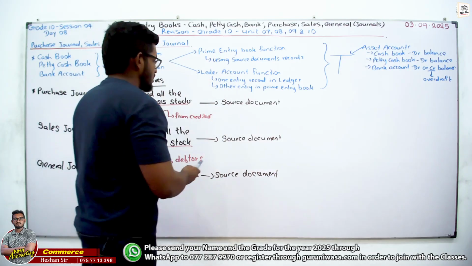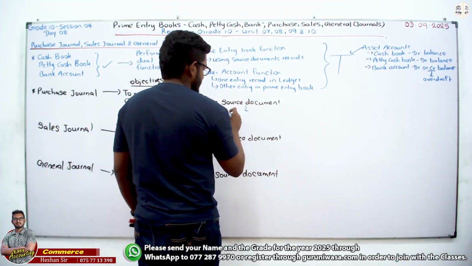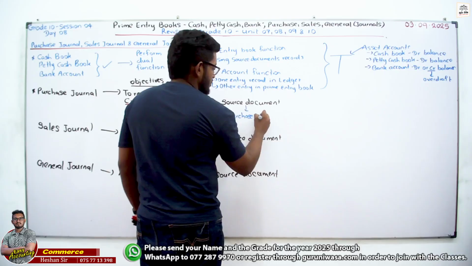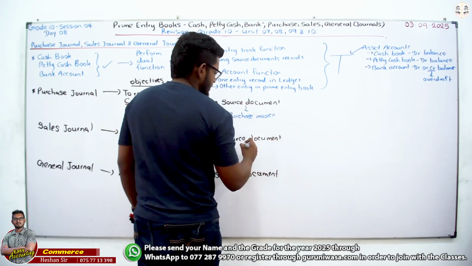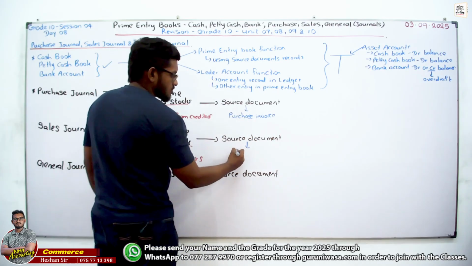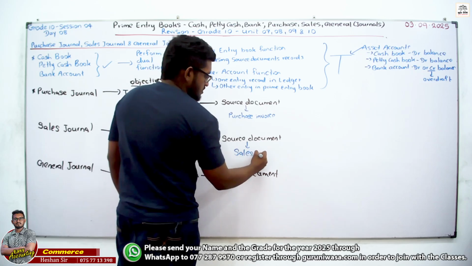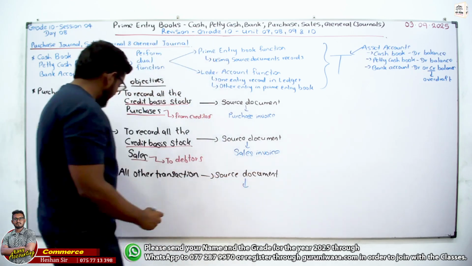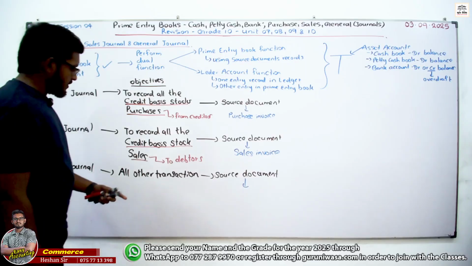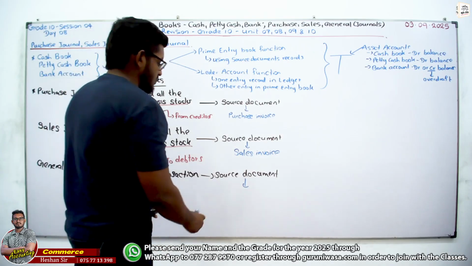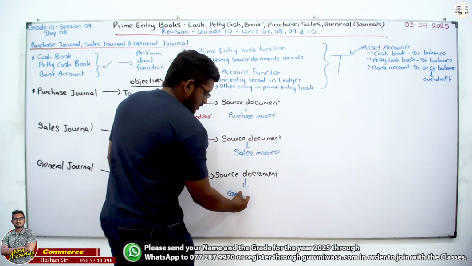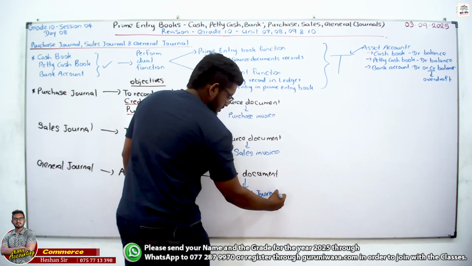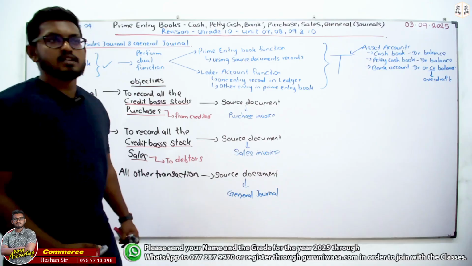It's the purchase invoice. When we sell the goods on credit basis, the source document is the sales invoice. When we record all other transactions, it goes to the general journal.